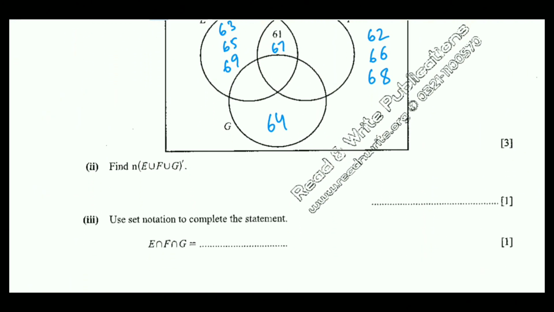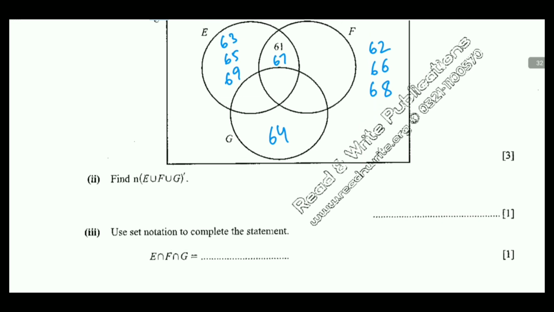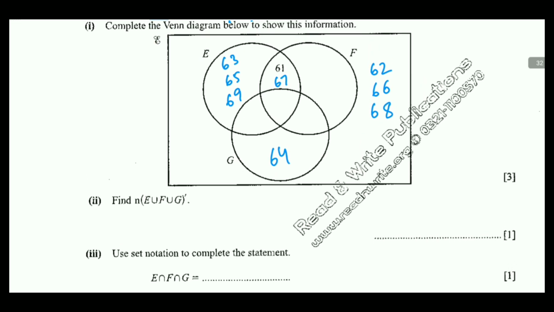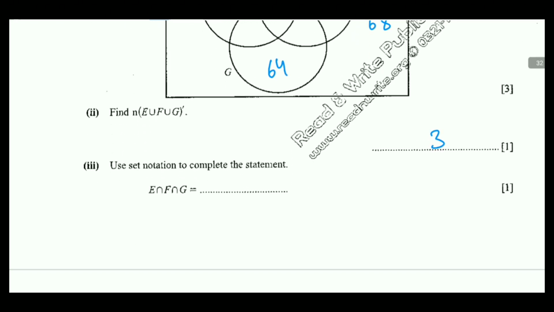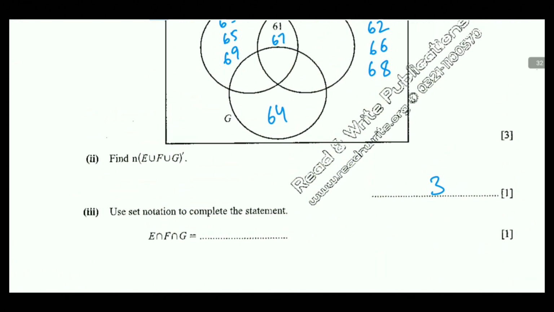Part two you can also do by yourself. E union F union G means not in E, F and G. Not in E, F, G means outside E, F, G. Outside E, F, G are three values because we have to write n. So 3 will be the answer. Okay, E intersection F intersection G, use set notation to complete the statement.